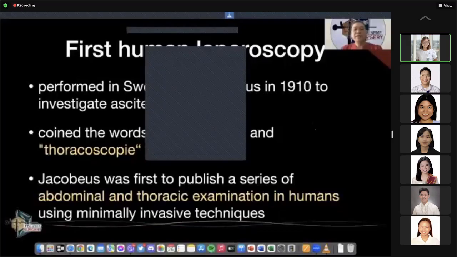He actually did this laparoscopy for diagnostic purposes. So in 1910, the reason for doing laparoscopy or thoracoscopy, if you look at the thoracic cavity, was merely diagnostic.